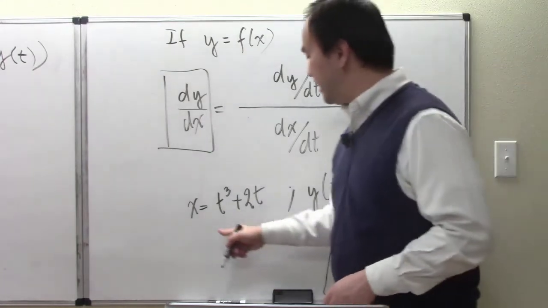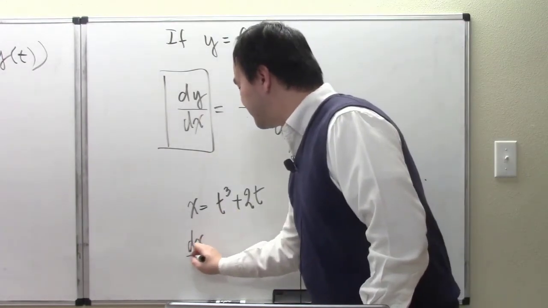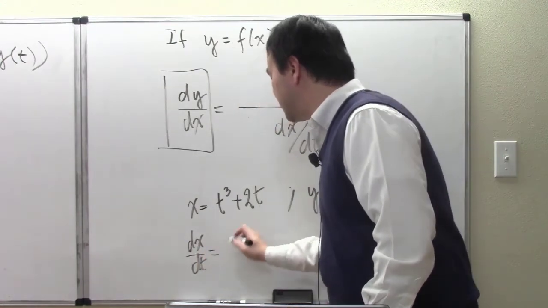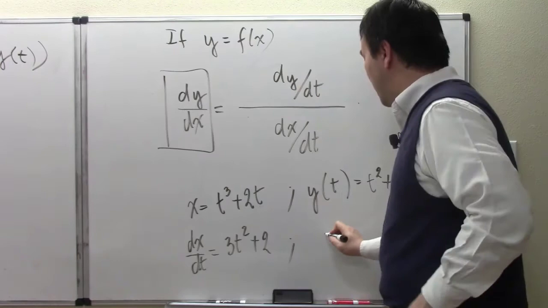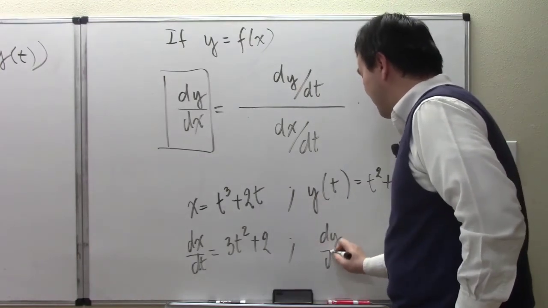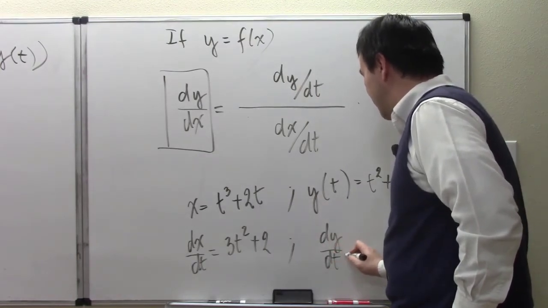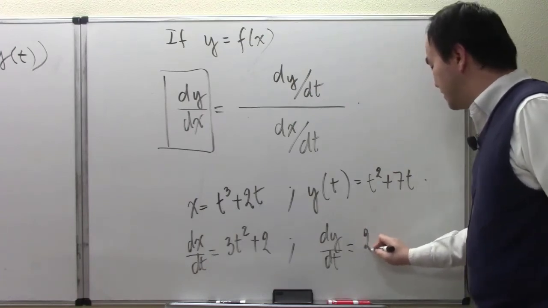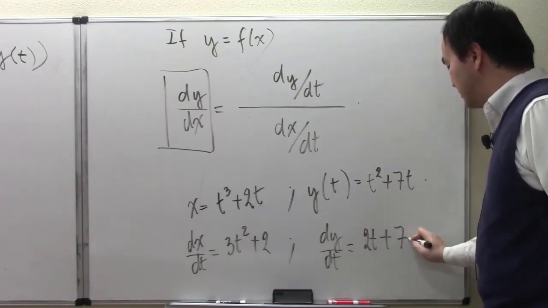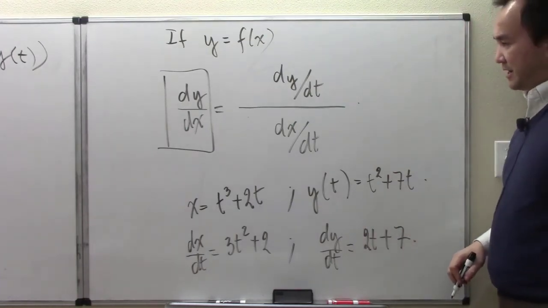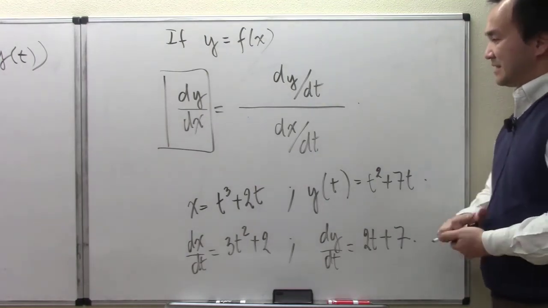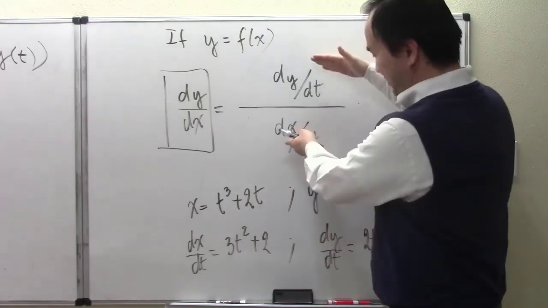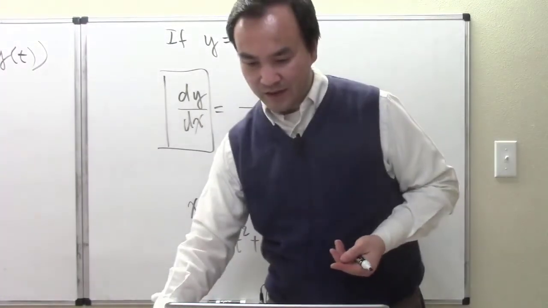So we can easily find that dx/dt is 3t squared plus 2, and dy/dt is 2t plus 7. Now from that, I'm going to use these to set up our calculation.